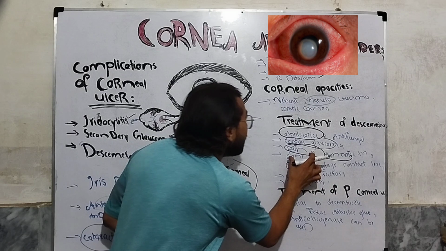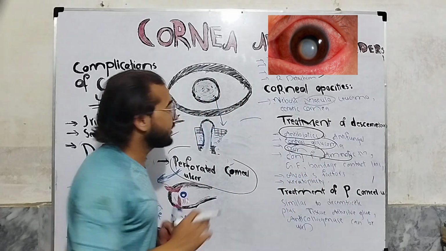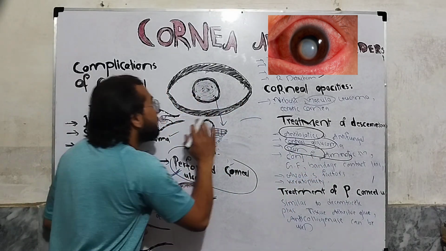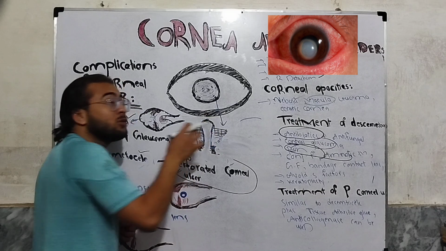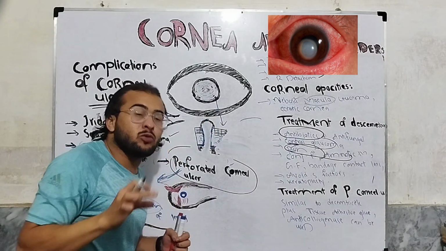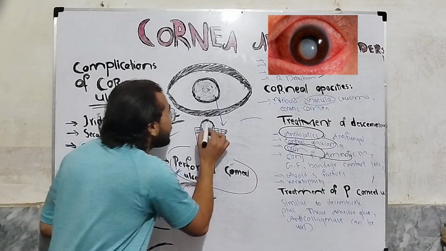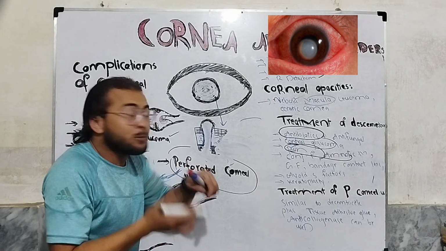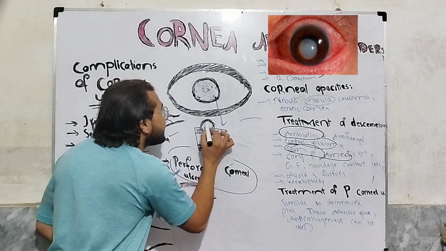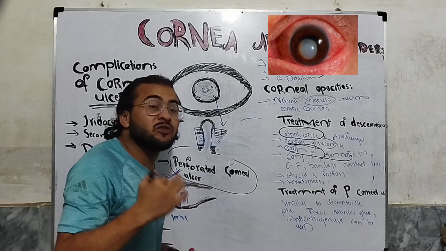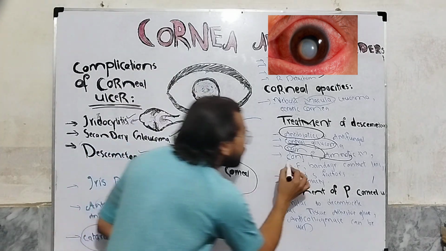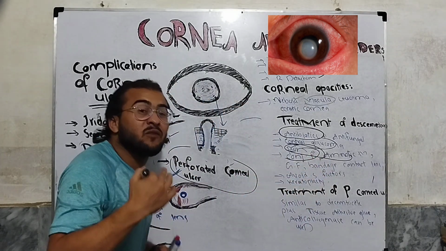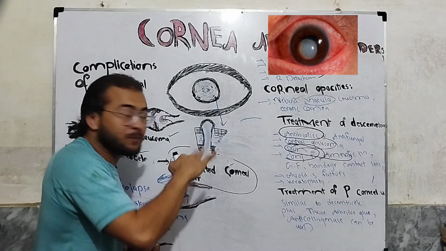we can also do conjunctival flap transplantation. If we place a conjunctival flap on this bulging descemetocele, what will happen? It will reduce the underlying pressure, and the chance of rupture will be reduced. So a conjunctival flap can be placed.